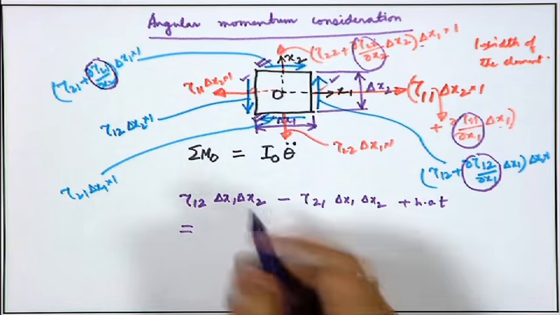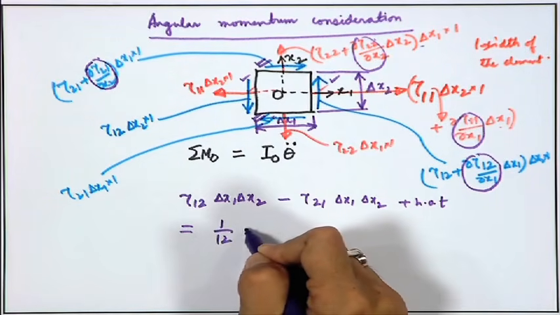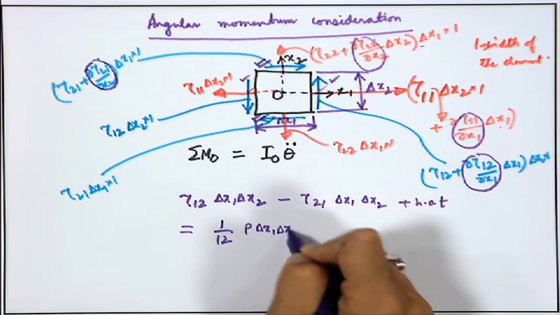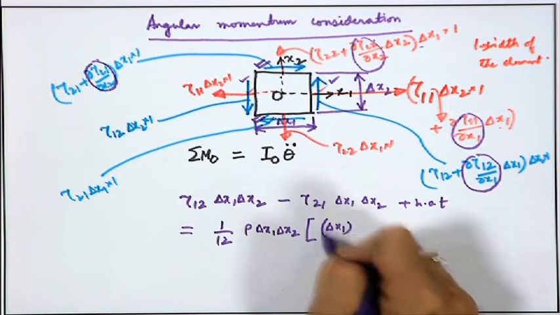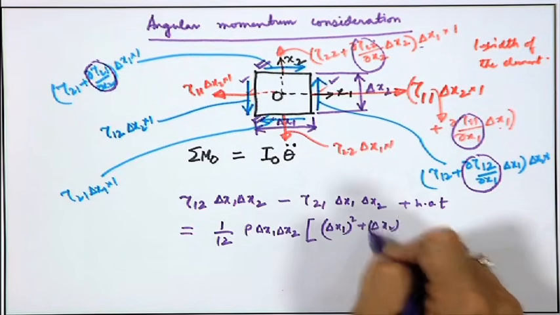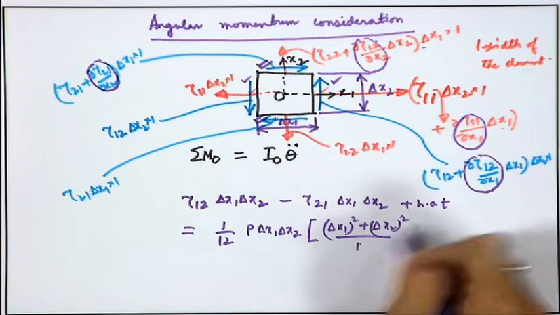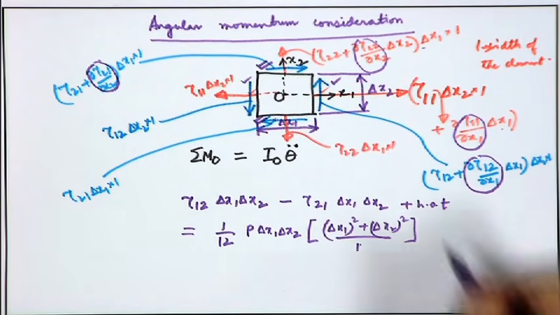Moment of inertia for this element is 1 by 12 into rho delta x 1 into delta x 2 into delta x 1 square plus delta x 2 square, that into theta double dot.